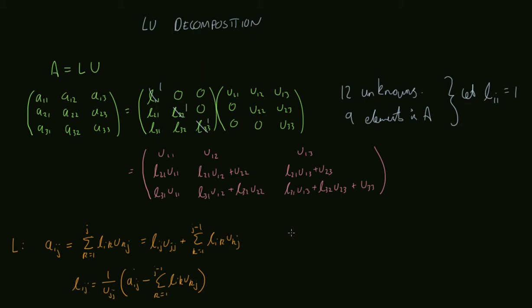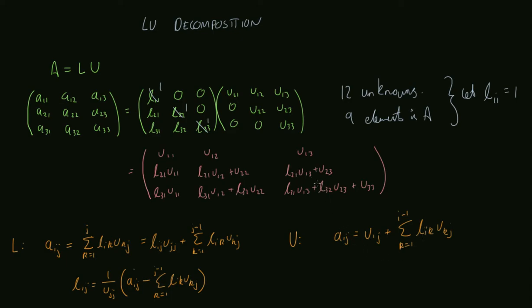Now if we look at the upper triangular matrix, we've got something similar. Let's take this element here, U33, so Uij. We've got Uij plus the sum of k equals 1 to i minus 1 of Lik Ukj, which is quite similar.